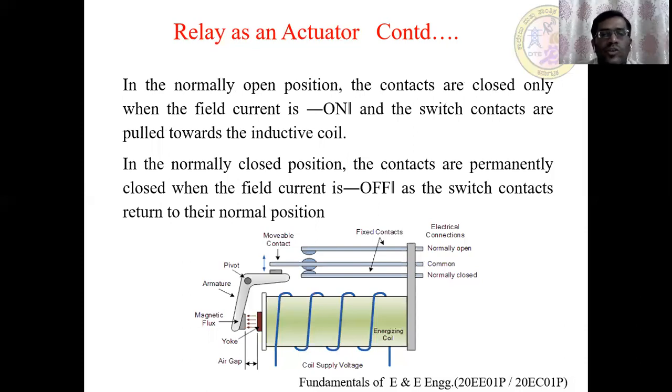In the normally open position, the contacts are closed only when the field current is on and the switch contacts are pulled towards the inductive coil. But in the normally closed position, the contacts are closed when the field current is off, as the switch contacts return to their normal position. This is a typical figure which shows how the relay is made up.